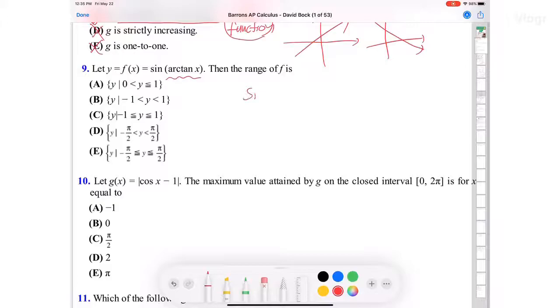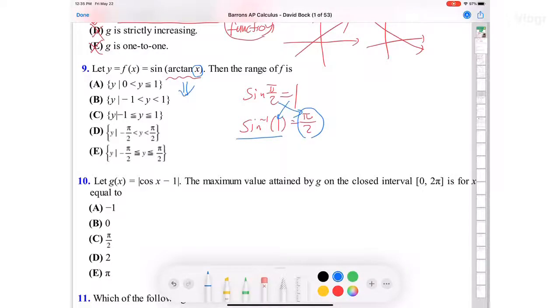If sine of pi over 2 is 1, then arcsine, the inverse sine of 1, is pi over 2. That's inverse functions, x and y switched, right? So inverse sine is the angle, and arctangent means an angle too. The tangent of that angle is x.